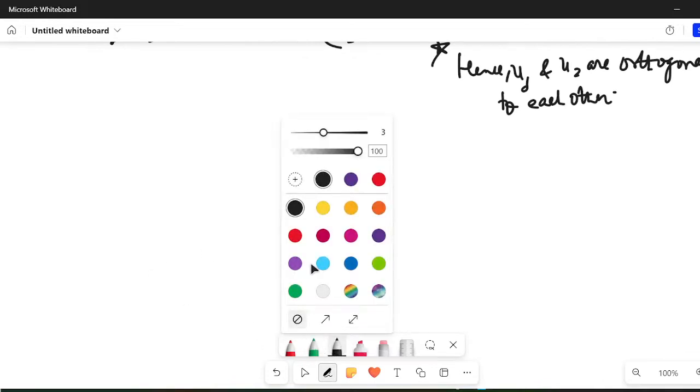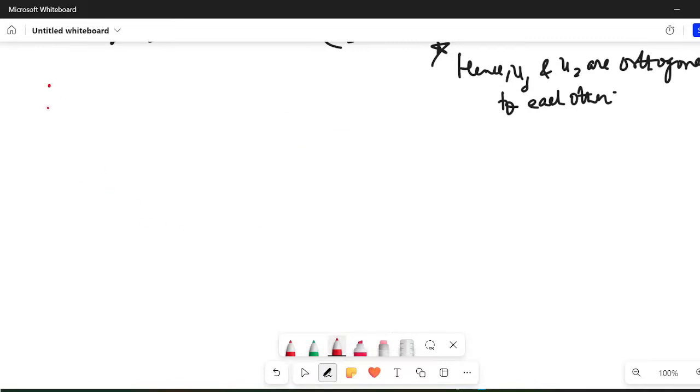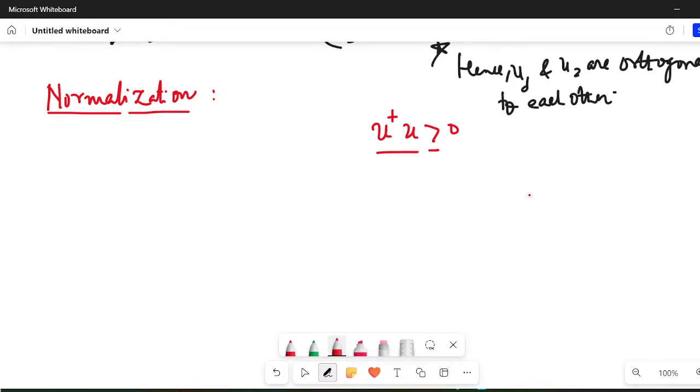Now, just stating a property again. What is normalization? This is something that we are going to do in quantum mechanics also. I have already stated that U dagger U will be positive if U is not a null column vector.